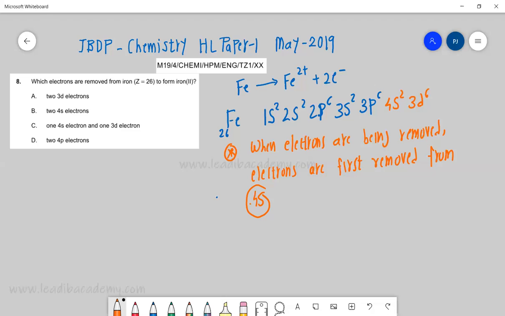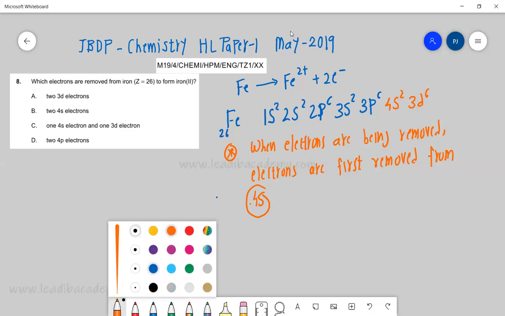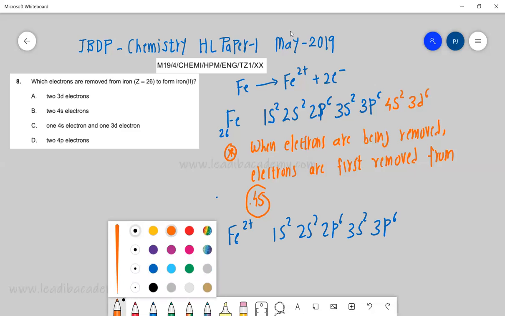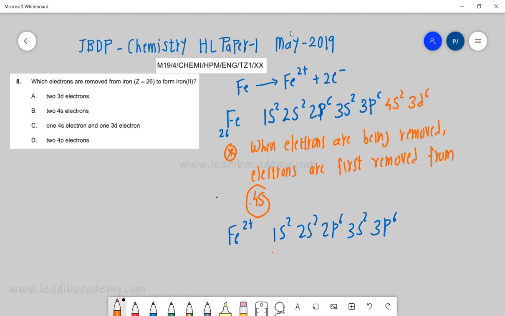So what will the configuration look like? Very straightforward. The configuration of Fe2+ will be: 1s2, 2s2, 2p6, 3s2, 3p6, and what is left is only 3d6.